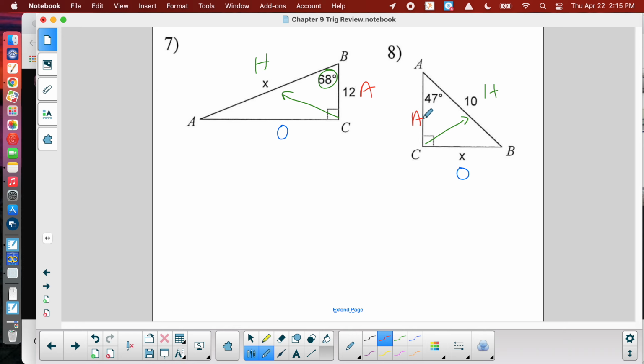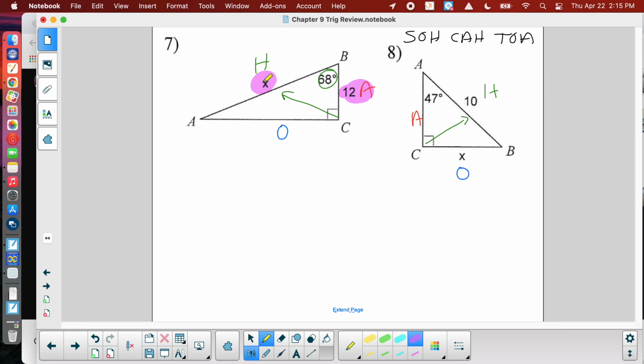Now here, we have to do a little bit more detective work, because now we aren't told which function, we have to figure out which function. But again, SOHCAHTOA is in play. And we can see on this particular triangle that the sides involved are the adjacent and the hypotenuse. The opposite has no x by it, has no number by it, it's just not being used.